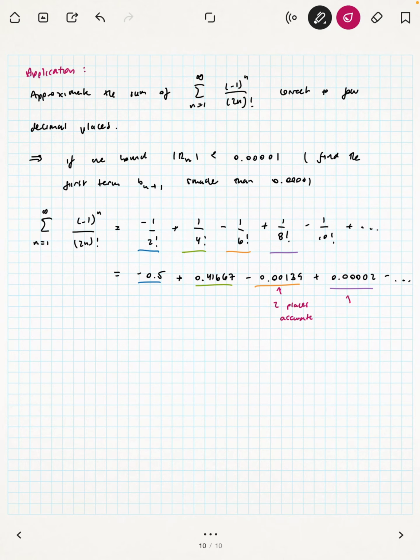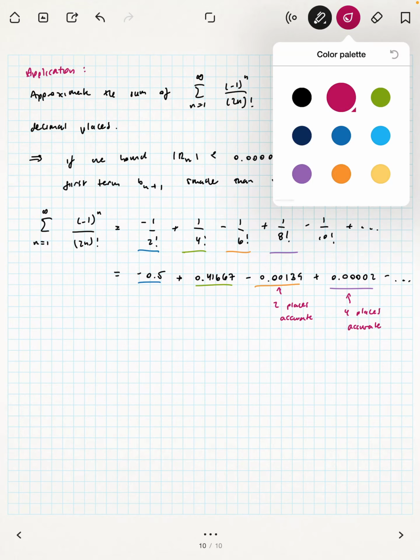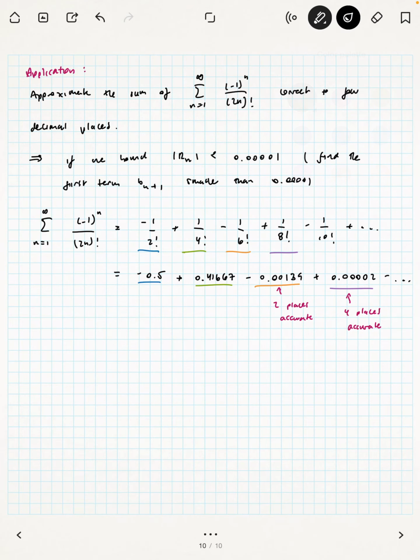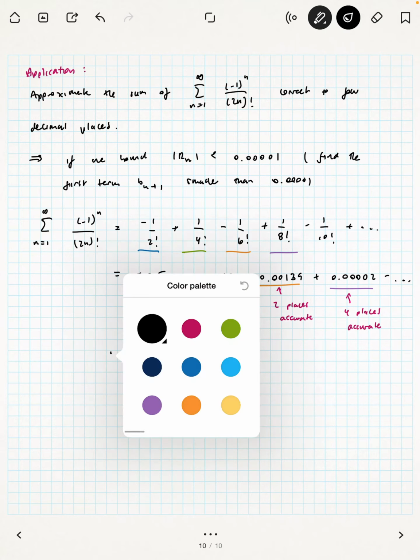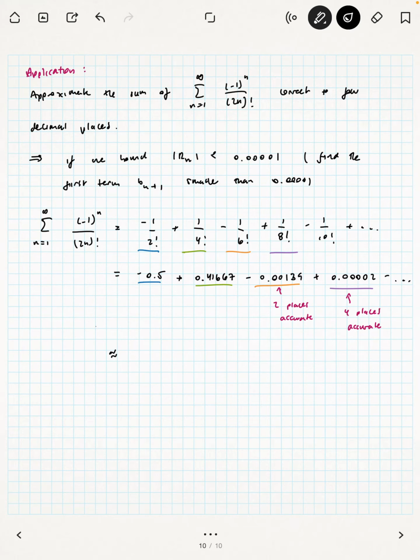This term is this term. This term is this term. Okay, at this point, we are now 4 places after the decimal accurate. So all we need to do is add these 4 values together, and that gives us what we wanted.